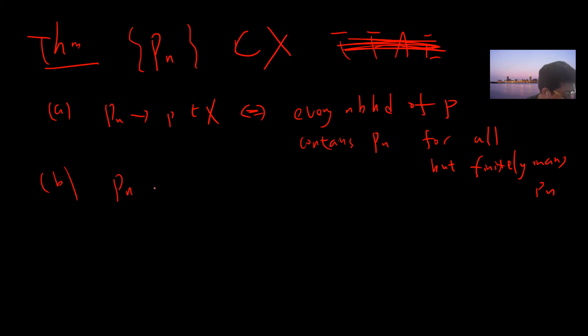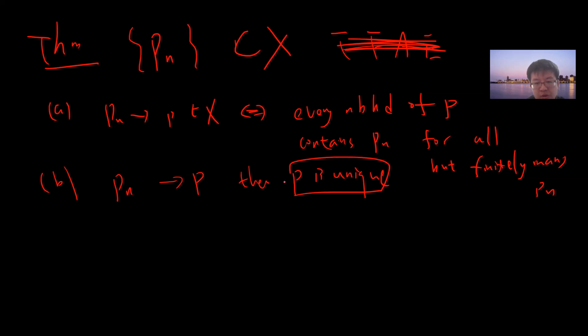If Pn approaches P, then P is unique. So a sequence only converges to one number, not two. If Pn converges, then Pn is bounded, which means there is M such that Pn cannot be greater than M for all n.